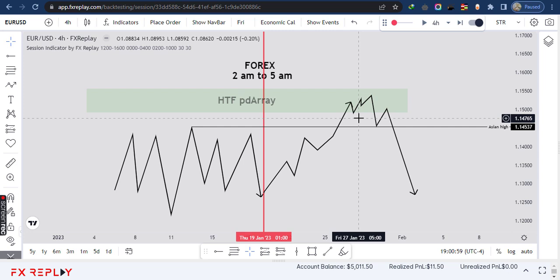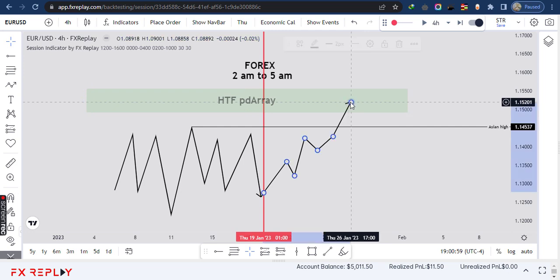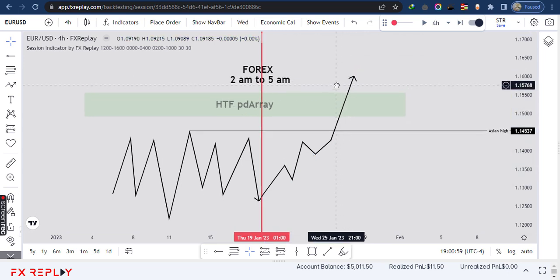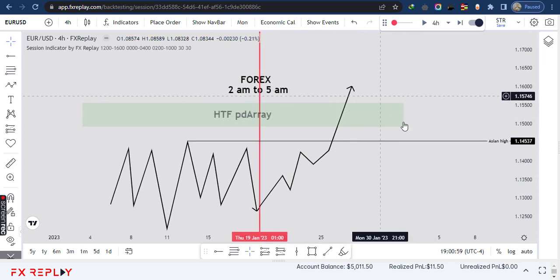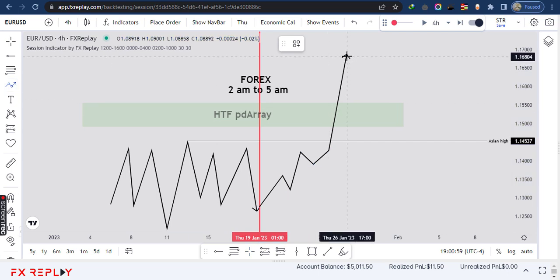All right, guys, let's say price goes through this, so it pierced the higher time frame PD array, and let's say it is a fair value gap in this case, and you see a shift in market structure in the lower time frames.